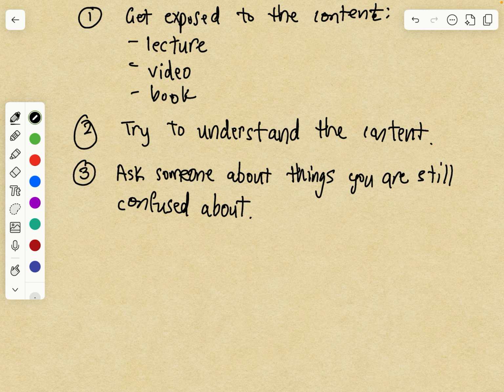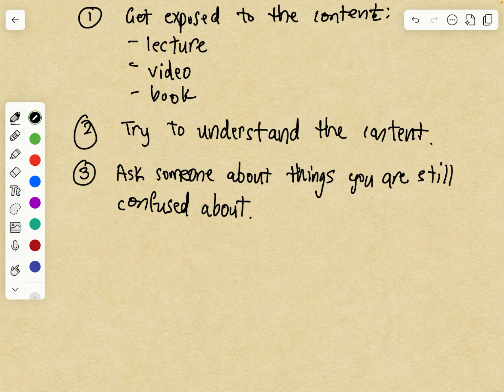But if it's been a few days, if it's been a week or something, and you still haven't figured out the answer to some question, or there's still something that you're not understanding, then I think it would be a good idea to ask someone without delay. Because if you don't get that sorted out, then it might interfere with your ability to learn more advanced topics.